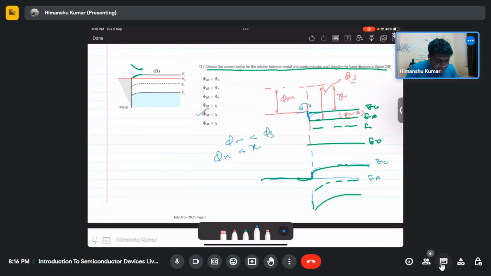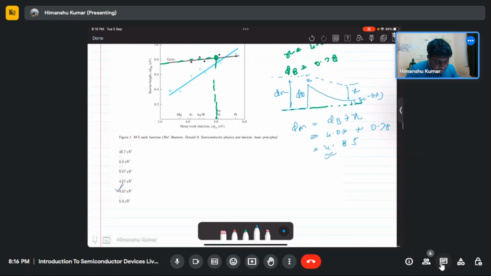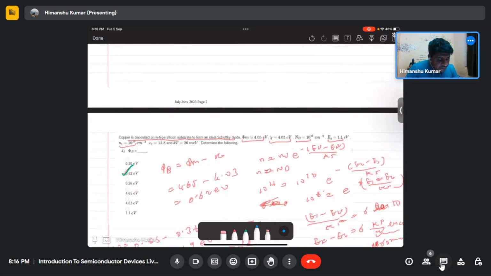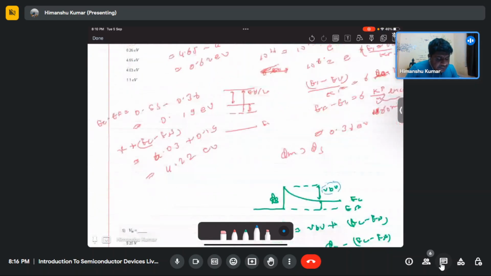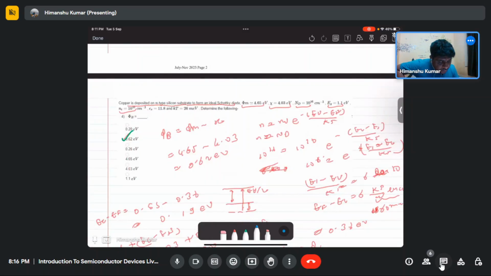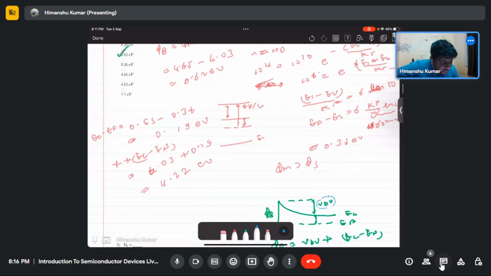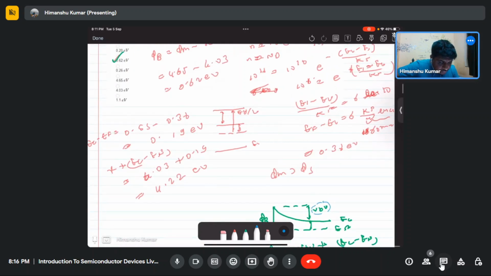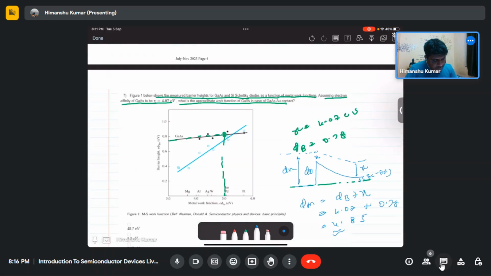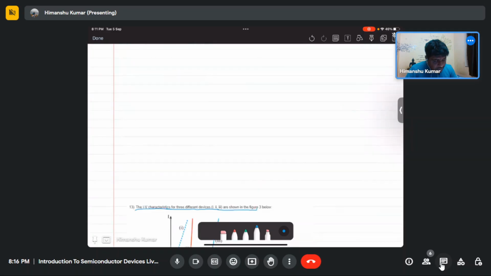So as we have seen this barrier, VBI is basically, in our case, just wait.